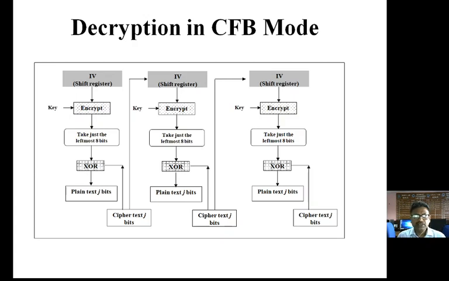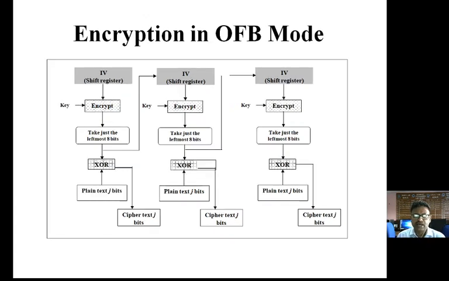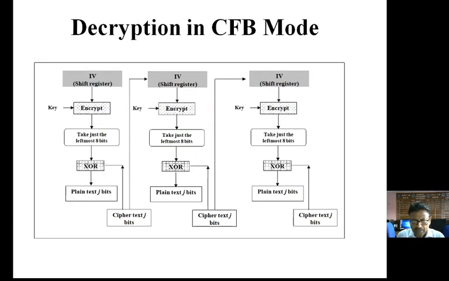The last one is the OFB mode, that is output feedback. Now the problem with the CFB mode is that if there is some change, accidentally, unknowingly or knowingly, we are shifting this ciphertext bit into the IV register.